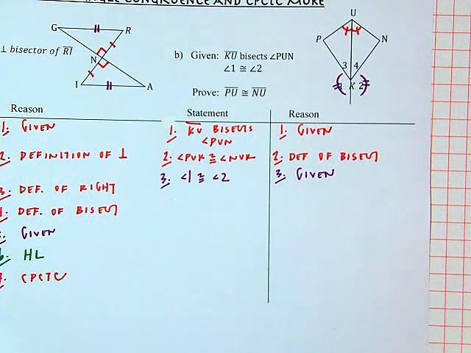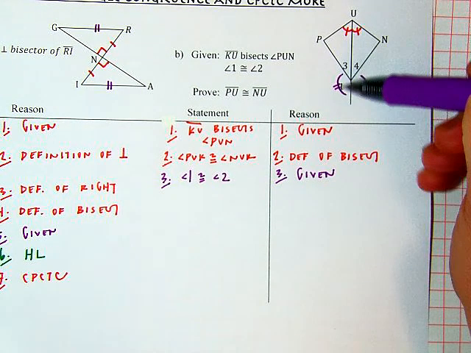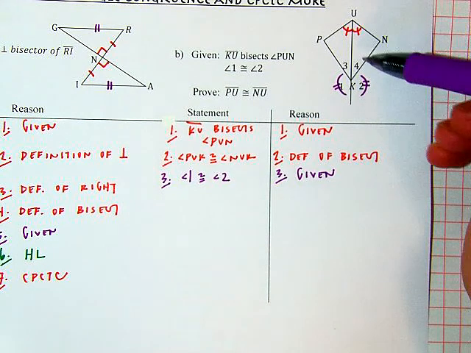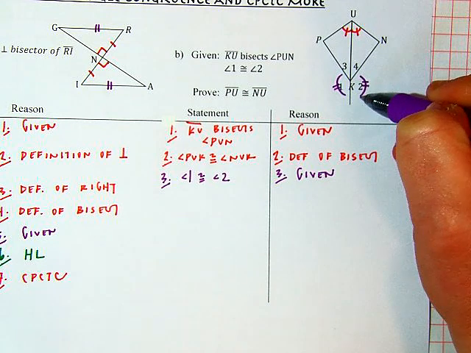How do I build off of that relationship? Right now, I know that these two angles are outside of my triangles, and I have to work my way inside. So if I know that 1 and 2 are congruent, and I know that 1 and 3 form a linear pair, they have to be supplementary, so do 2 and 4, then I can connect the supplements of these congruent angles.